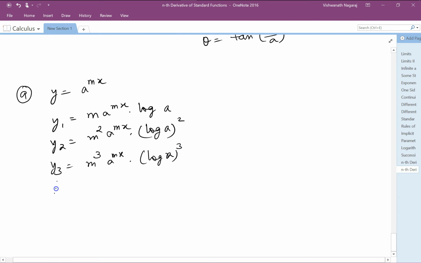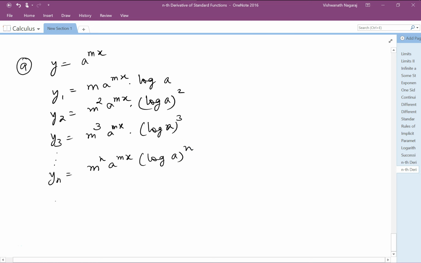So which means in general yn is equal to m to the power of n a to the power of mx log a to the power of n. Now if we are interested in the nth derivative of a to the power of x, it's just a question of making m equal to 1.